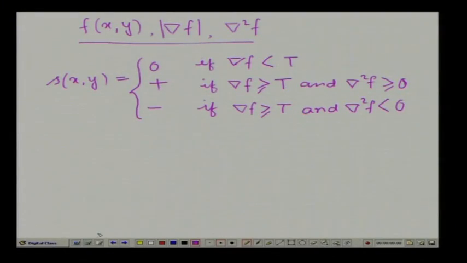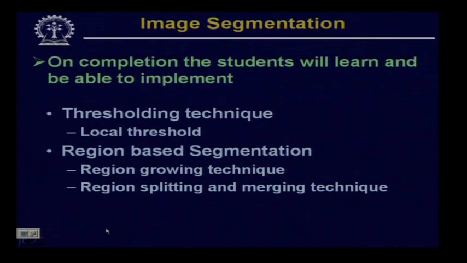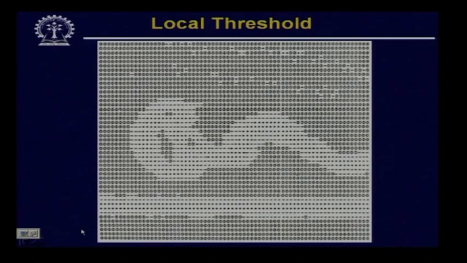By using this kind of processing, an intermediate image that we can get will be something like this. Here we have an image which contains one of these three symbols, either 0, positive or negative.